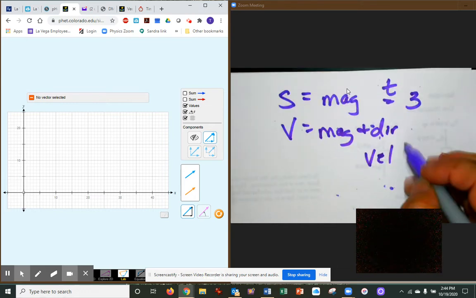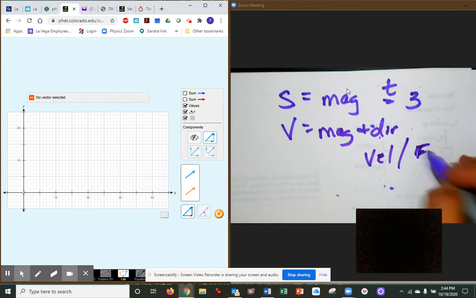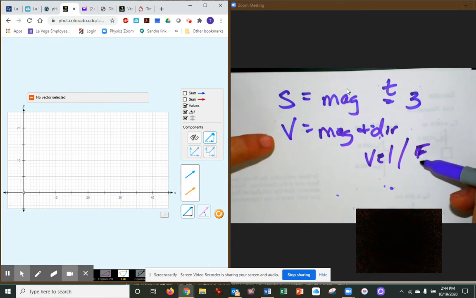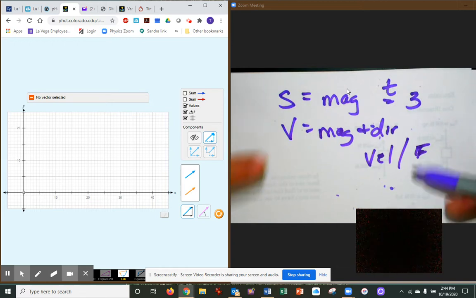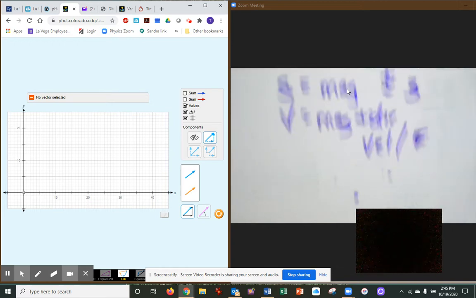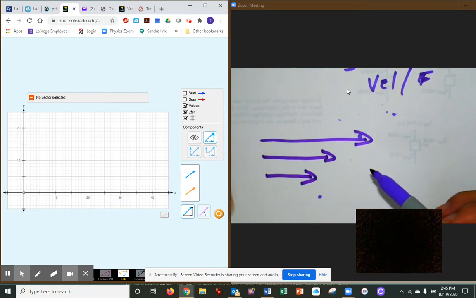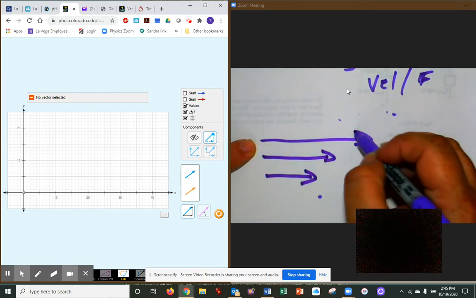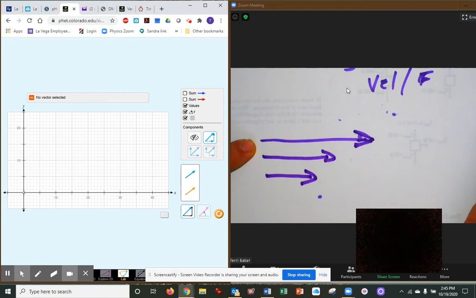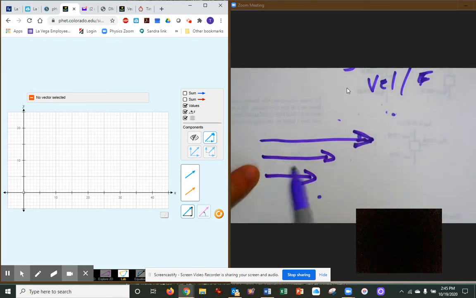You can use vectors to solve for force, okay? As long as there is a direction, we can use vectors to solve for vector quantities. So let's say we have 3 arrows. The arrows represent the vector quantities. There's a tail and there's a head. Whichever way the arrow is pointing, that's the direction of the movement or the vector. So it has magnitude and direction.